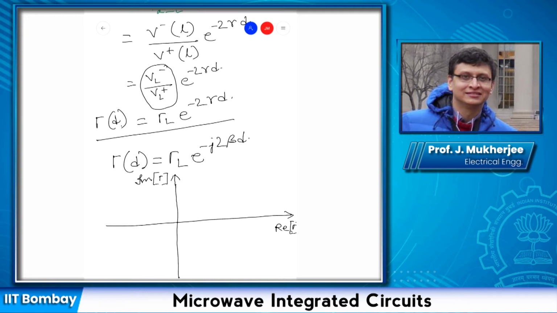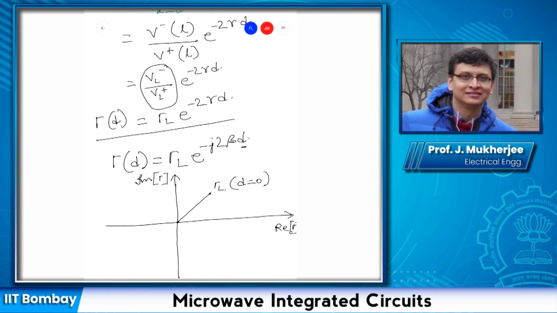Now say initially my gamma L is here. Now when D changes, so D is the distance from the load end, right? So this is the value of gamma D when D is equal to 0.